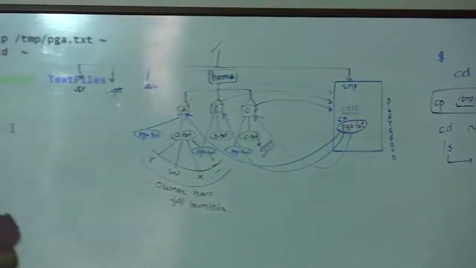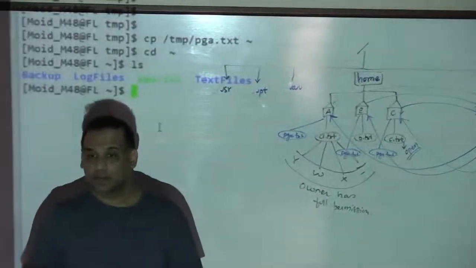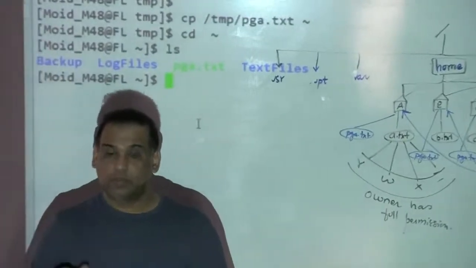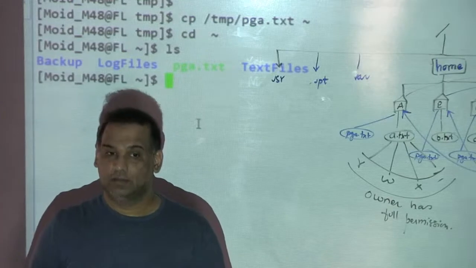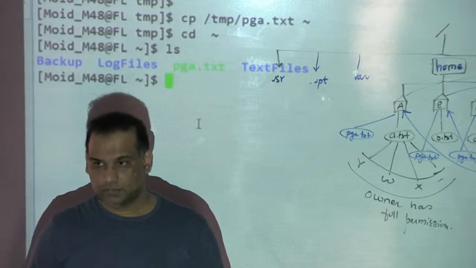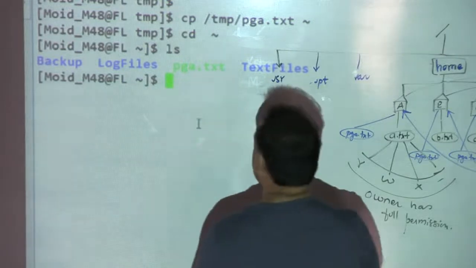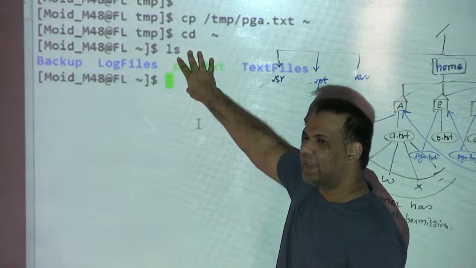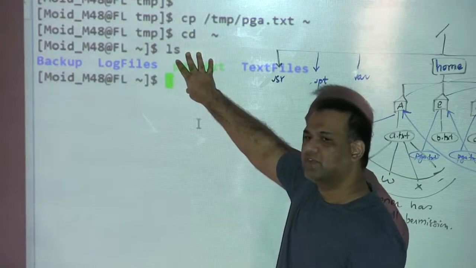we know how to create a directory, correct? We know how to remove a directory. We know how to create a file, but we don't know how to read a file. Okay. So I just copied a file called pga.txt, and I have absolutely no clue what this file has.